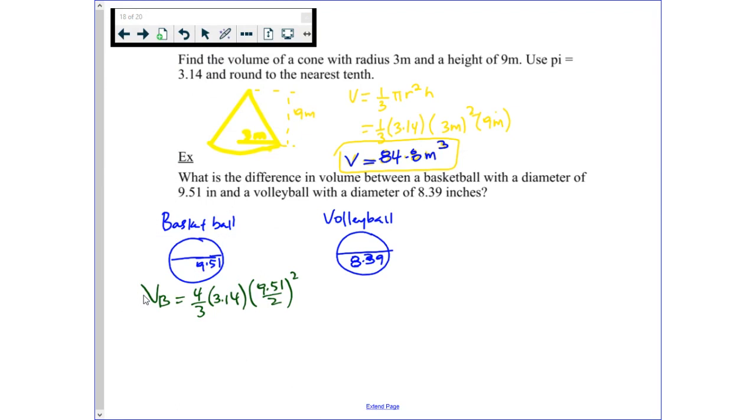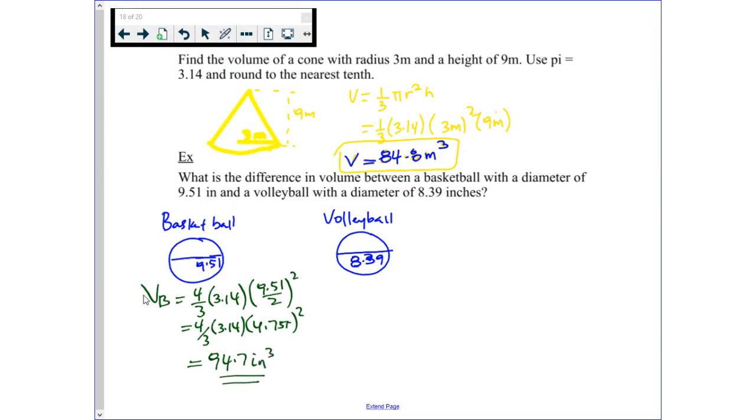So it is 4/3 times 3.14 times 4.755 squared. I know it is just multiplying numbers and evaluating expressions. So it gave me 94.7. The unit is inches.